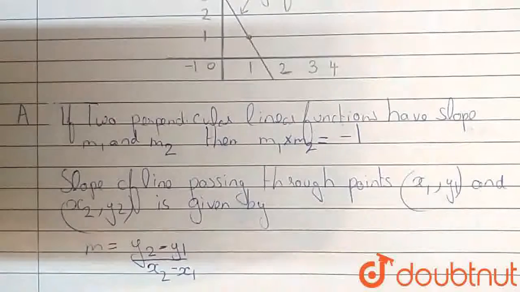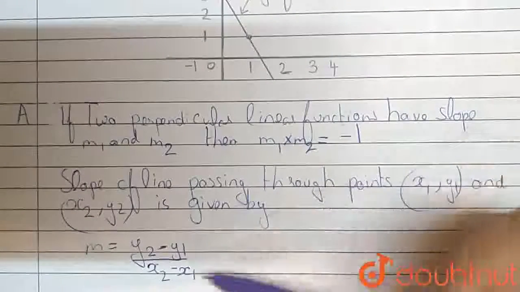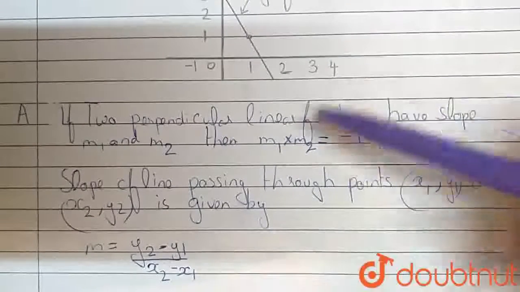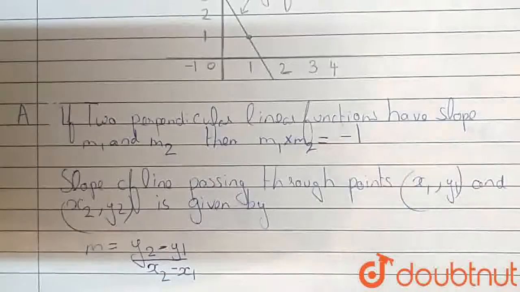So these are some of the important properties that we need to remember. This is how we can find the slope of f(x), and this is how we will find the slope of g(x).